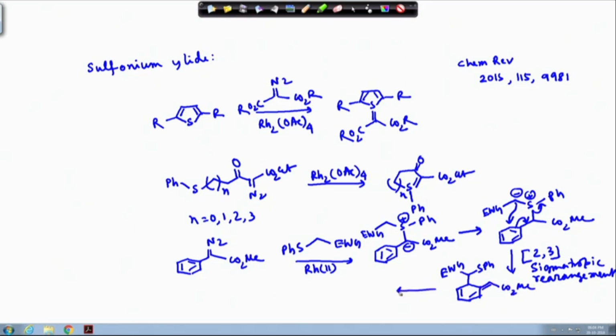Then the 1,3 hydride shift, or the rearomatization, will finally give this product.